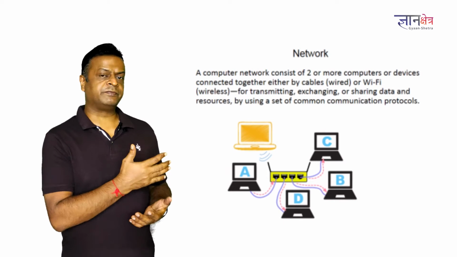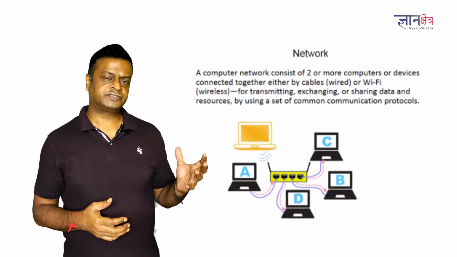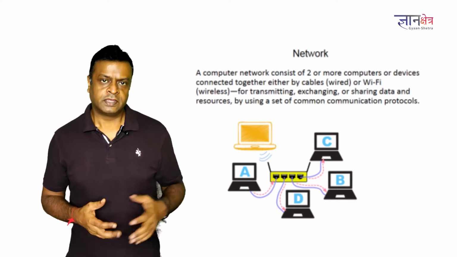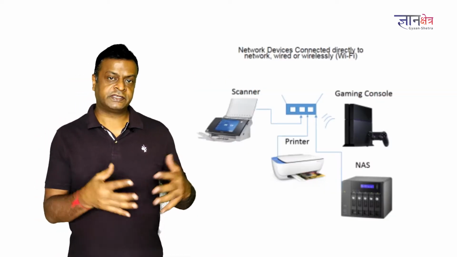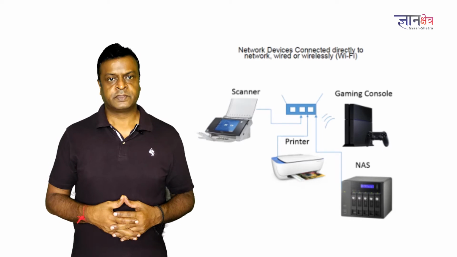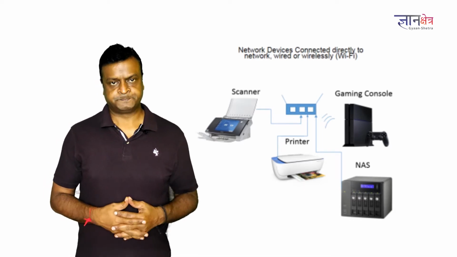As you can see in the image, computers are connected together. And in the second image, the devices which are connected directly to the network are network devices. So let's try to understand what resources are and what the set of communication protocols is.